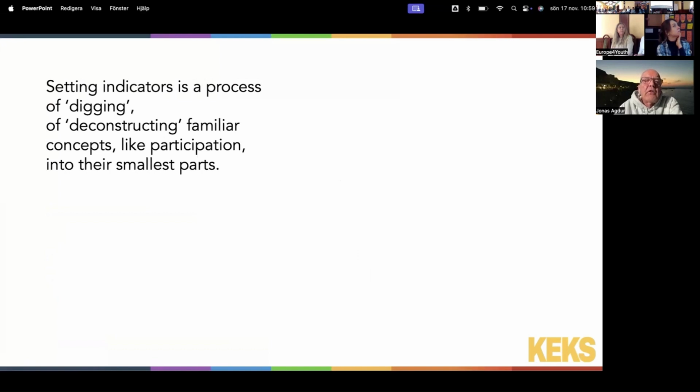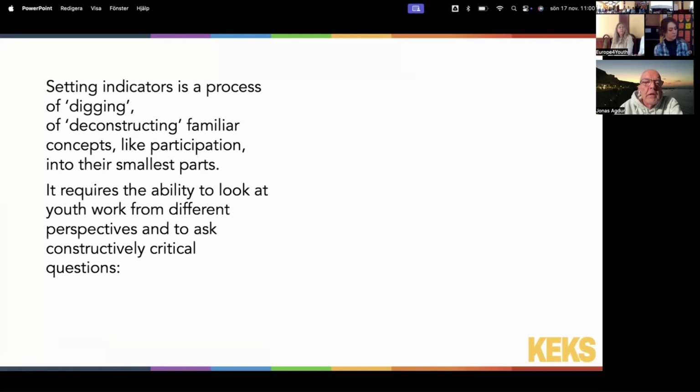Setting indicators is a process of digging, of deconstructing familiar concepts like participation into their smallest parts. It requires the ability to look at youth work from different perspectives and to ask constructively critical questions. And of course, looking from different perspectives is hard.